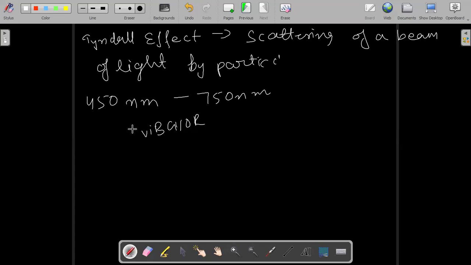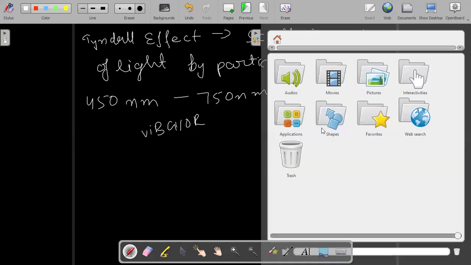So violet has the wavelength 450 nanometer and red has the wavelength 750 nanometer. Okay. Now see what happens with this example. You will know what is Tyndall effect actually.